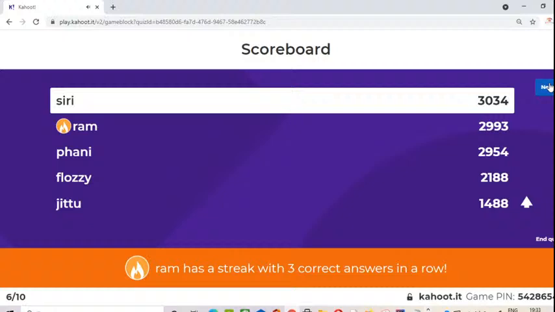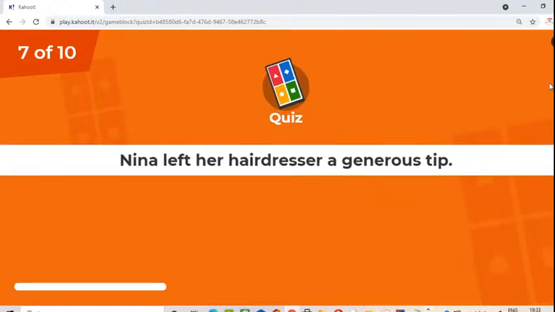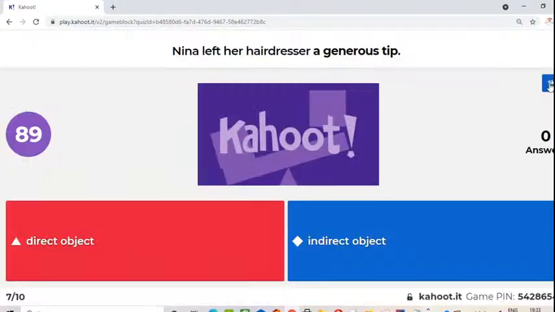Okay, so now Jitu have come up to the fifth place. So that's very good, Jitu. And Ram have the highest answer streak of three. That's very good, Ram. So now let's move on to the next question. The next question is Nina left her hairdresser a generous tip.